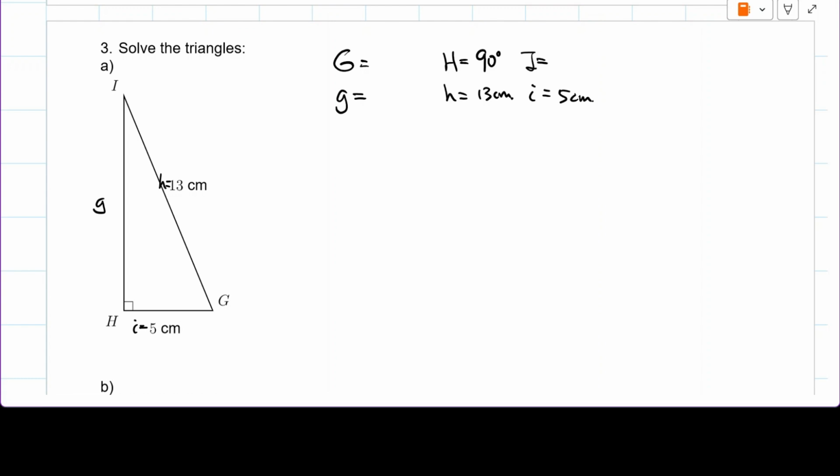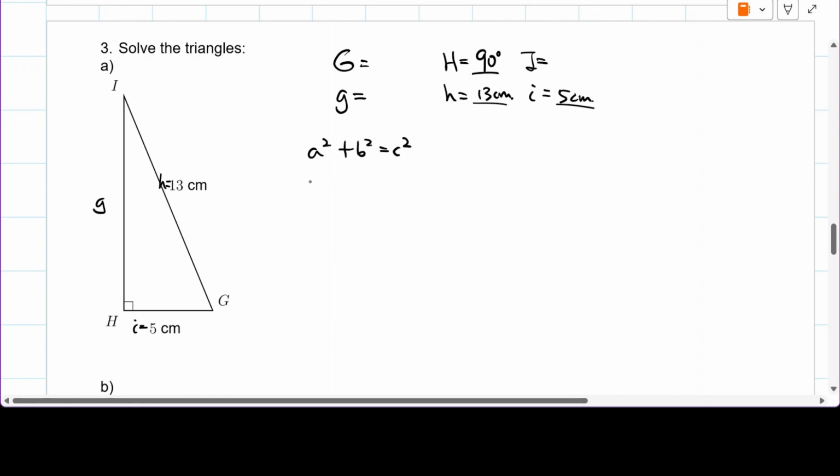I'm going to find the side G by using the Pythagorean theorem because I already know the H and I values. Let's underline the ones that I know already. So using the Pythagorean theorem, a squared plus b squared equals c squared. So that's going to be g squared plus 5 squared equals 13 squared. That's going to be g squared equals 169 minus 25.